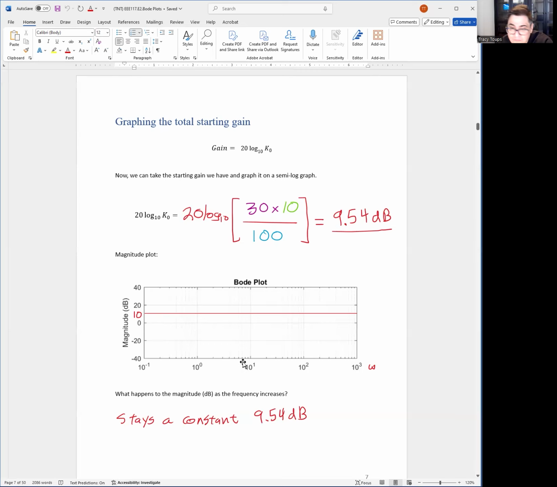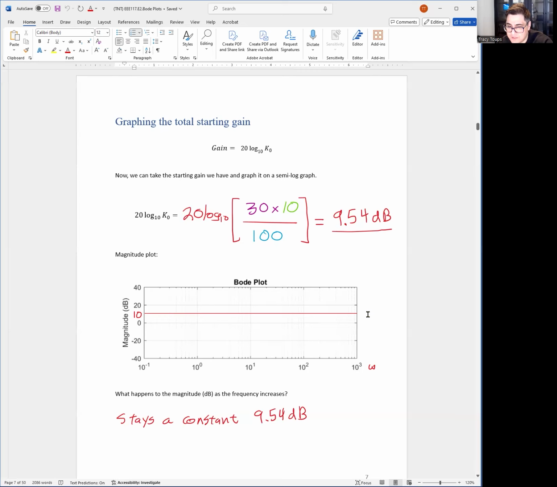Okay. Now, for this gain, there is no frequency plugged into this graph at all, or this function at all. It's just hard numbers. So in terms of frequency, it's just going to be a flat 9.54 across the board. So this red line, it doesn't matter what the frequency is, this component will always be 9.54 dB, which is a raw gain of like 6.